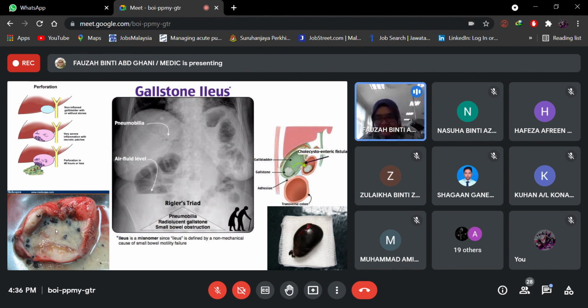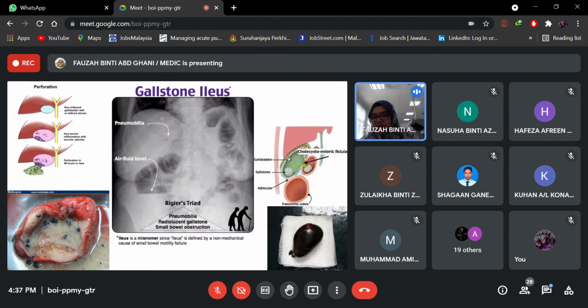And this is difficult for us to see because we cannot see the contents, but this is actually a mucocele. This was the one that I mentioned to you, the fistula formation, as a result of the gallstone going into the small intestine, so this can result in gallstone ileus.